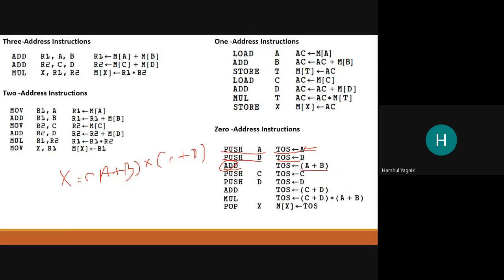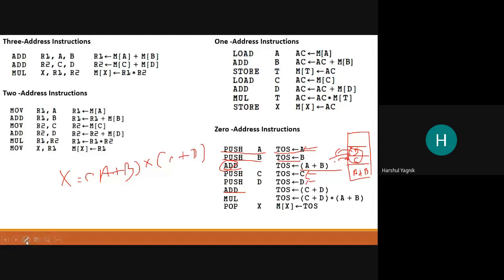At the end of this third instruction, the stack would have the result of A plus B. Next, C is pushed to the stack, that is the fourth instruction. Next, D is pushed to the stack, that is the fifth instruction. Then when addition is performed, the last two are popped out from the stack, addition is performed, and the result is stored back onto the stack.